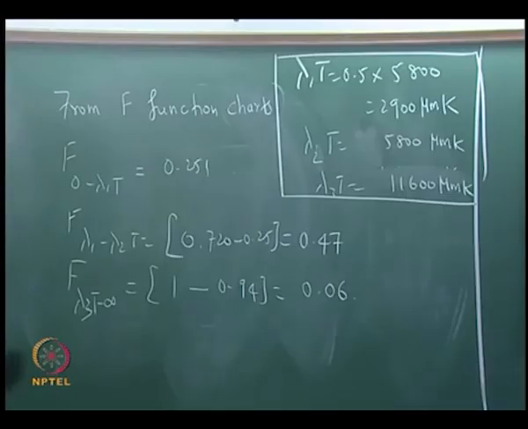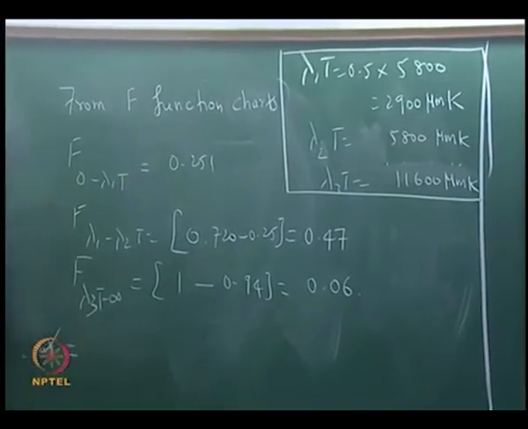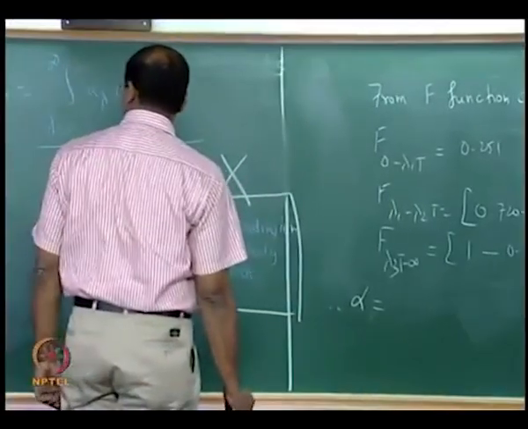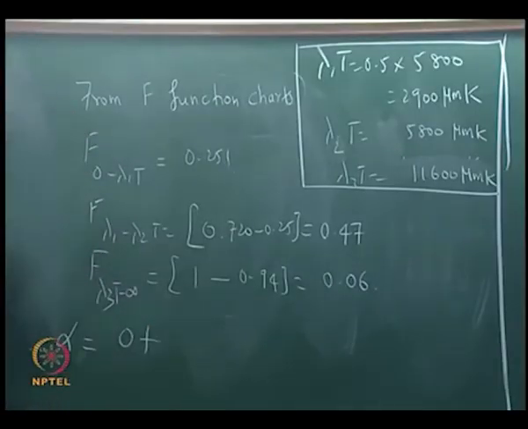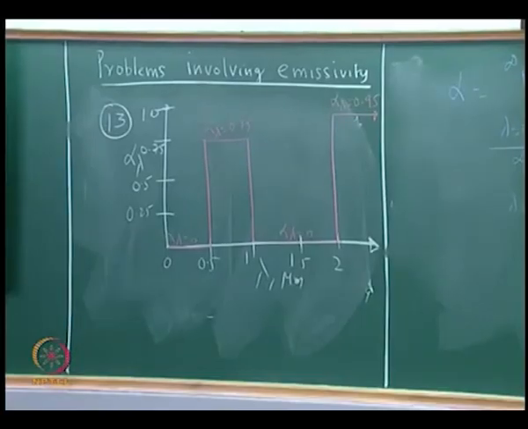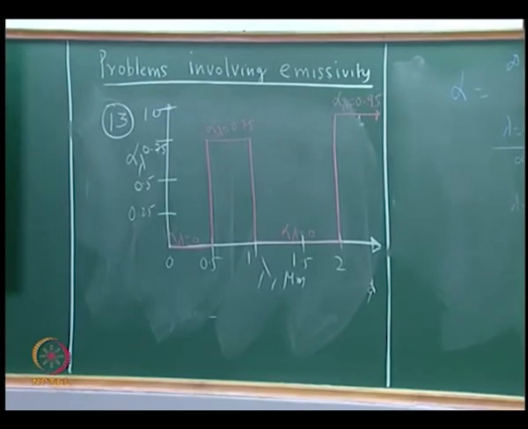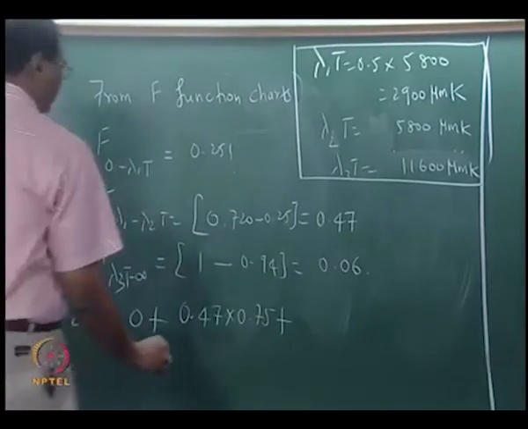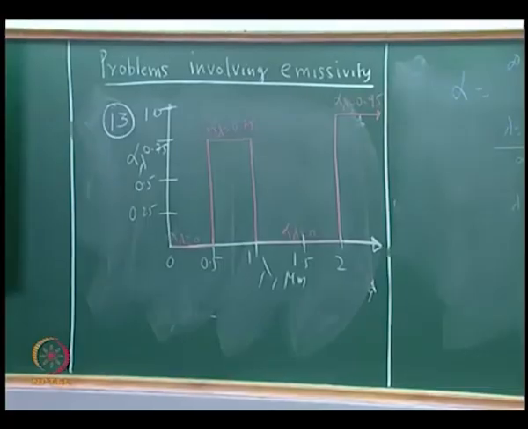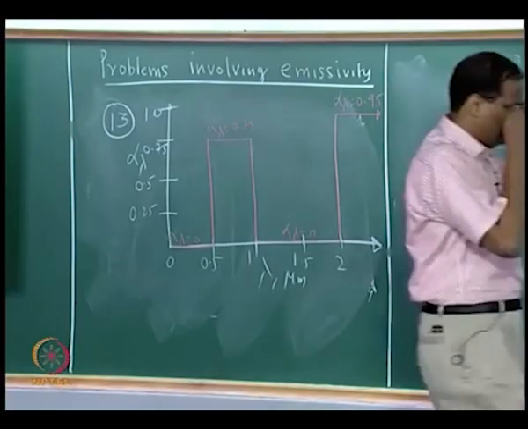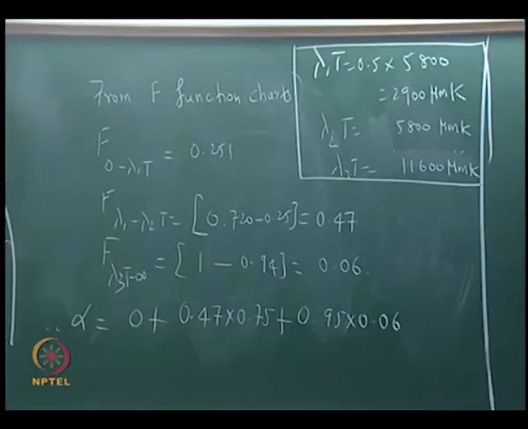Therefore, f of 0 to lambda 1 is 0, plus... how much is it? Okay, 0.41.